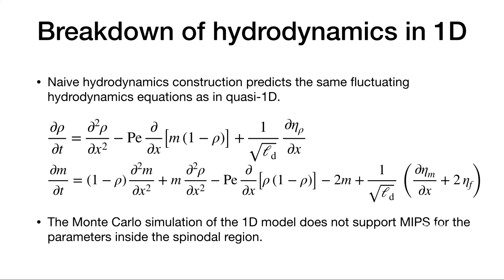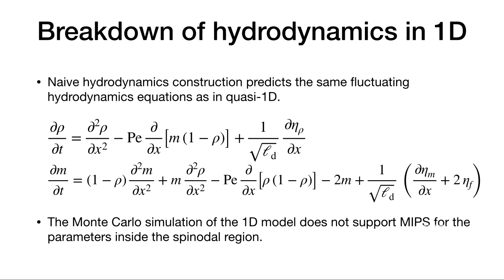Yes. So now, why do I need the ladder? If you take the 1D model of this one and just naively follow the same procedure, you end up with the same hydrodynamic equation as this quasi-1D ladder.